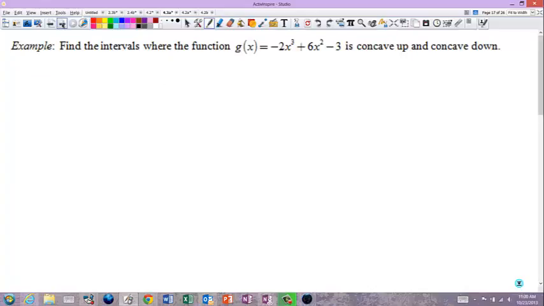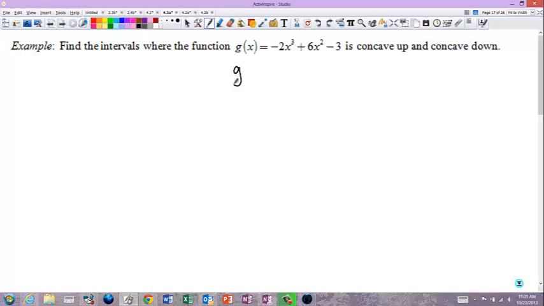Find the intervals where the function is concave up and concave down. I might have to stop this video and split this up into two different things. We'll stop after this example and we'll finish the rest tomorrow.